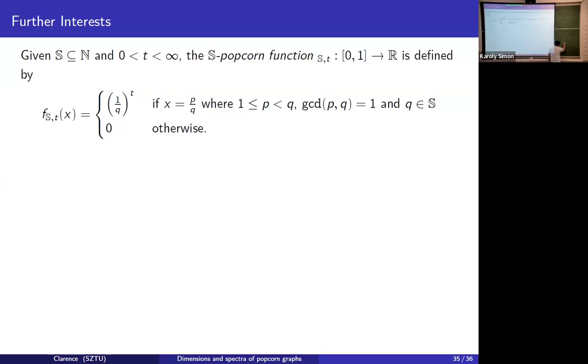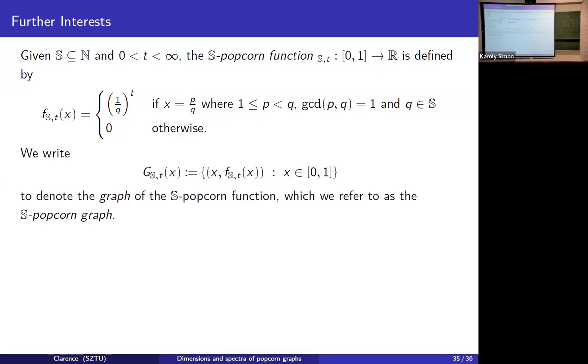However, if we choose q equals 7, the possible p can be chosen as 1 to 6. This shows that if q is not a prime, some points will be lost in the graph, while if q is a prime number, the points in this level will be fully adapted.